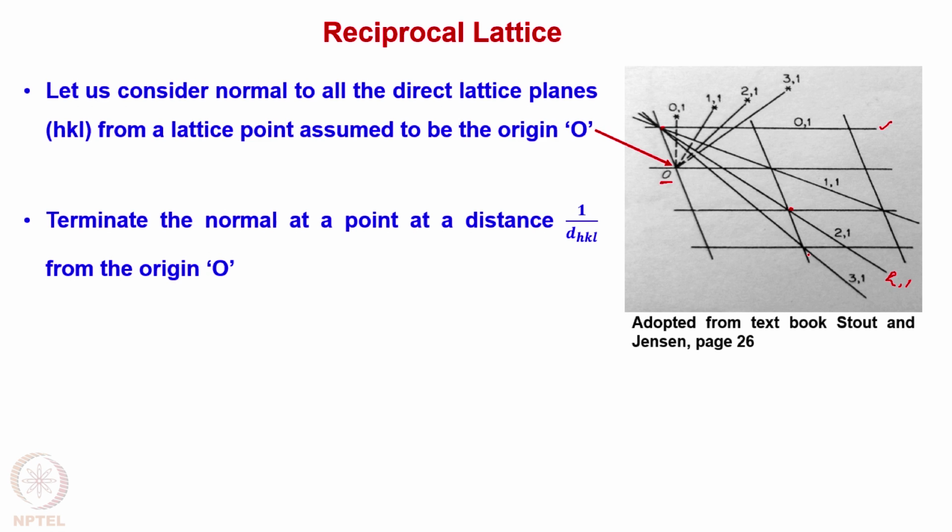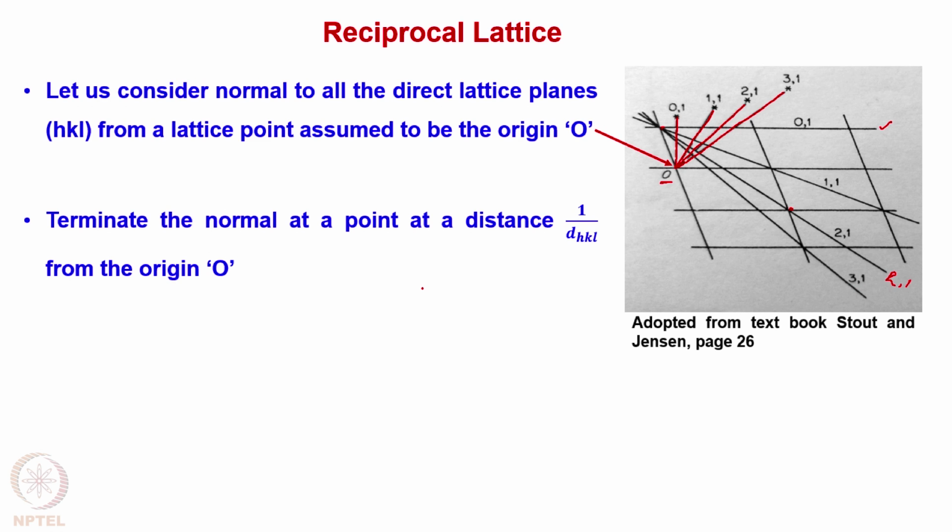What we now try to do is draw a perpendicular from this origin to each one of those planes, that is 0, 1, 1, 1, 2, 1 and 3, 1. So we are drawing these normals. From O, this is a perpendicular drawn on 0, 1. This line is a perpendicular drawn on 1, 1. This line is perpendicular to 2, 1, and the fourth line is perpendicular to 3, 1.